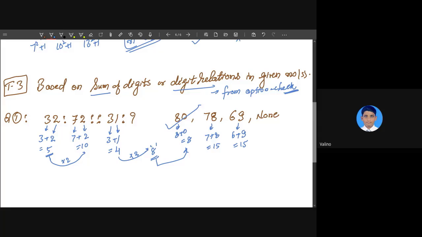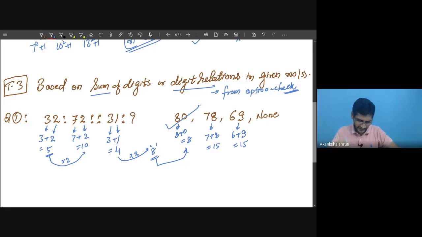Sir, 7 plus 2 is 9. Okay, 72 plus 3, yes. Let me make it 3. The pen had not completed this, it was basically writing a 3. Even I had taken this as 9. Okay, if there is 9, then there could be some other relation also.